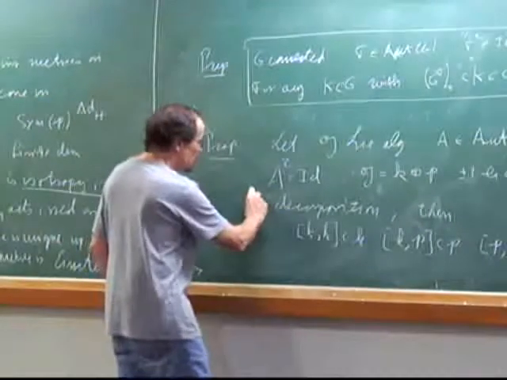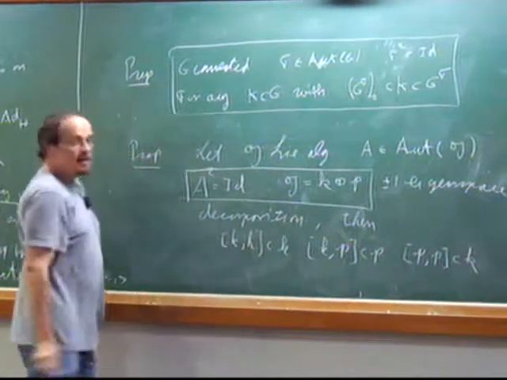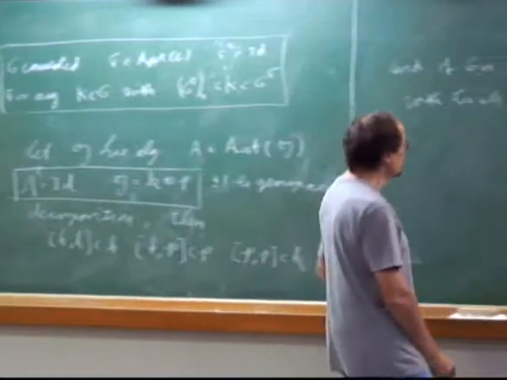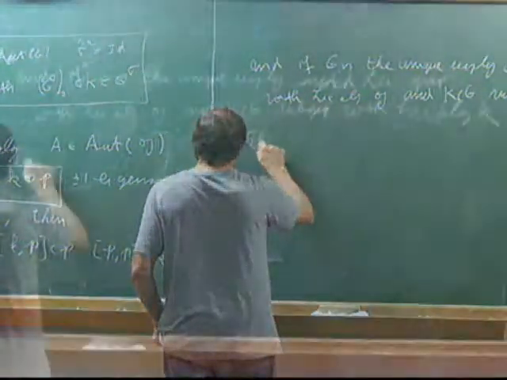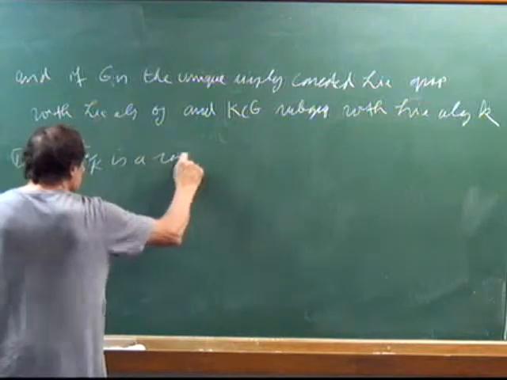Because all I'm assuming is an invariant automorphism. That's all I'm assuming, right? This will be a consequence. Then I can choose G and K in unique fashion. And then the claim is that G mod K is a symmetric space.